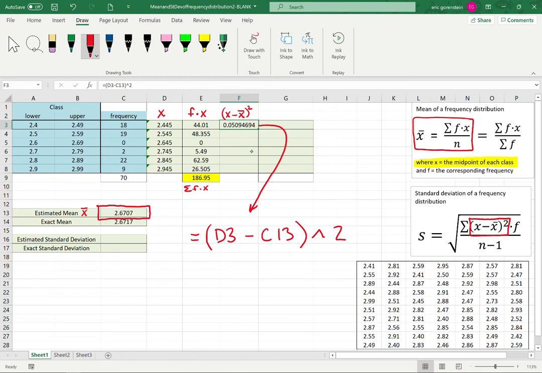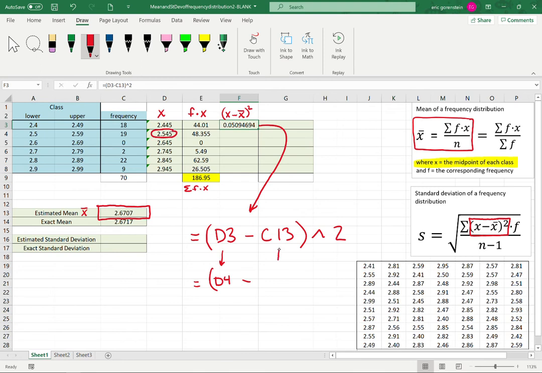Now, when I hover my mouse cursor over the bottom right-hand corner of that cell and drag this down so Excel can repeat those calculations 5 more times, what happens? Well, the D3 changes to a D4, which is what we want, because that's the next X value in D4.